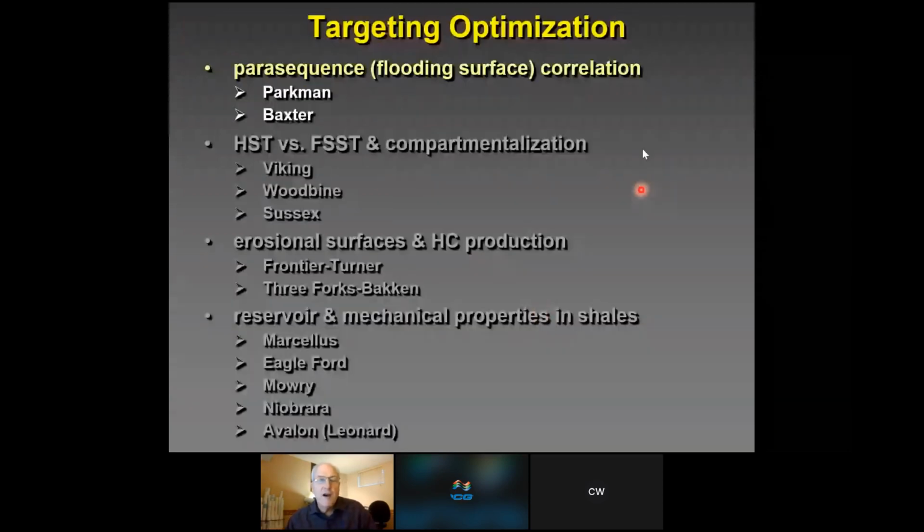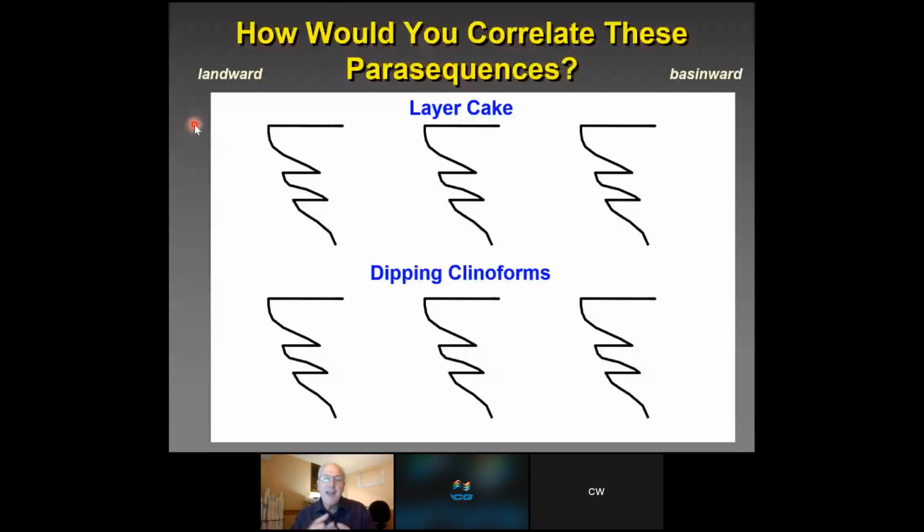So I'm going to start off by talking about using flooding surfaces as your basic correlation markers for parasequences. I'll show two Cretaceous sandstone examples, the Parkman sandstone and the Baxter sandstone, both from Wyoming. But before I do that, I'm going to ask all of you to think about this. If I gave you 3 well logs, these are just diagrammatic gamma ray logs, from landward to basinward, how would you correlate them?